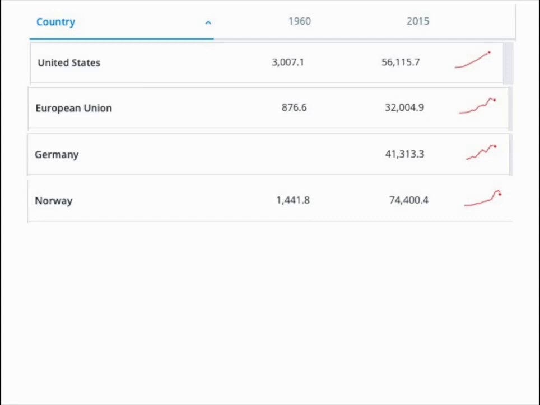Here we see the European Union and two countries within the European Union, Germany and Norway. $32,004 of GDP in 2015 for the European Union. Germany had $41,000 and Norway had $74,000. You can see that there are differences in the European Union. Germany is sort of middle of the road.